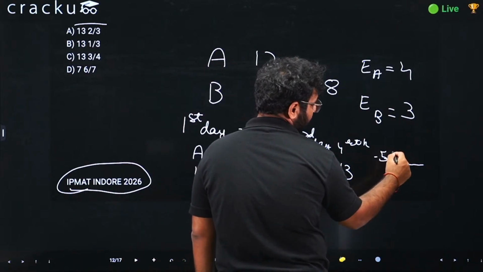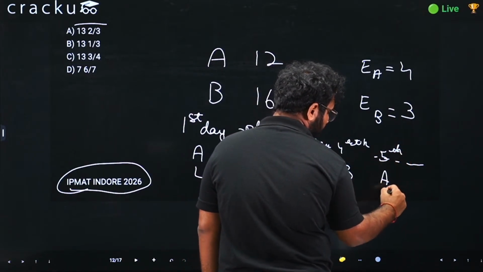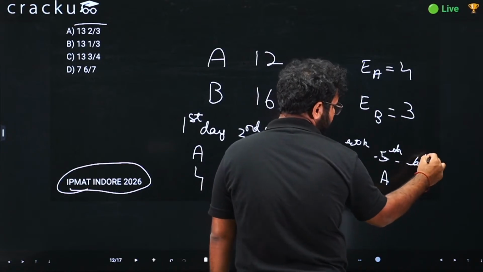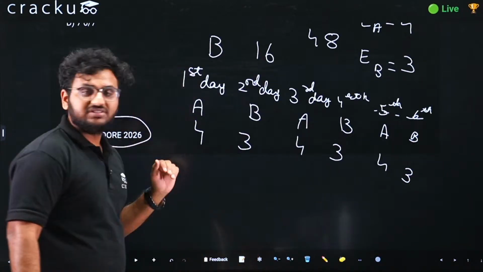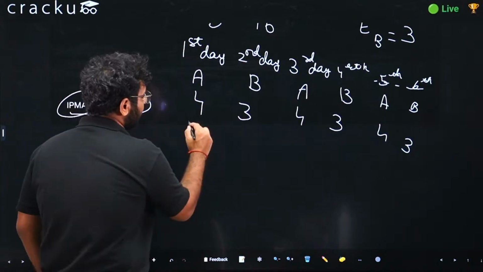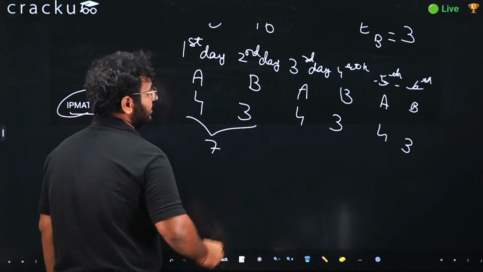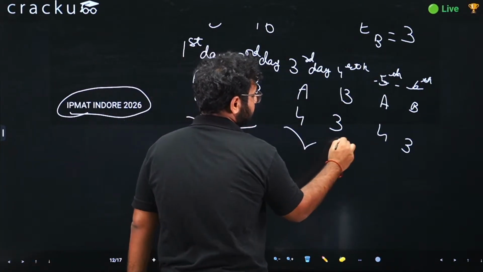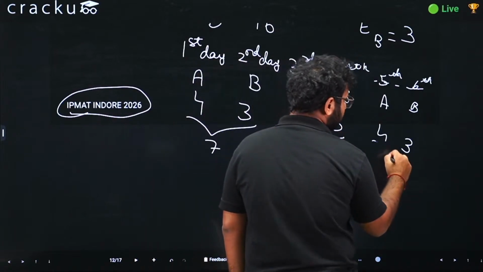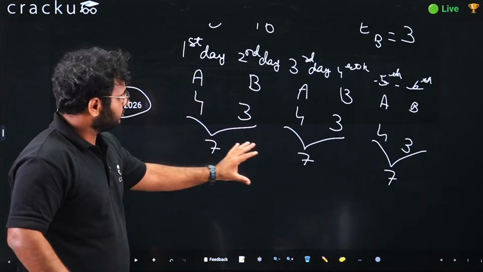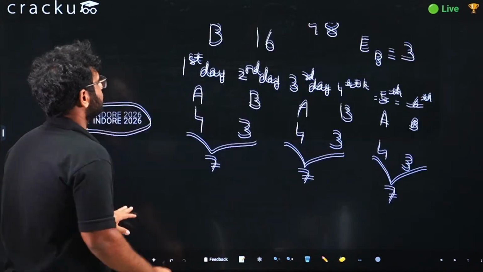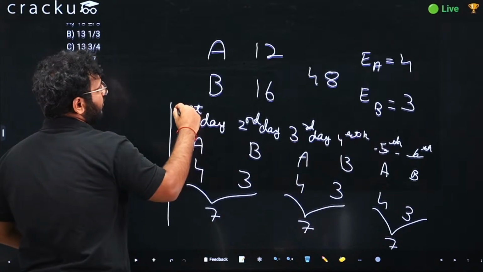Then on the fifth day A did 4, and on the sixth day B did 3. Can you see a pattern? The sum of the first 2 days is 7, the sum of the next 2 days is again 7, and the next again 7. So I will assume these together and form groups.